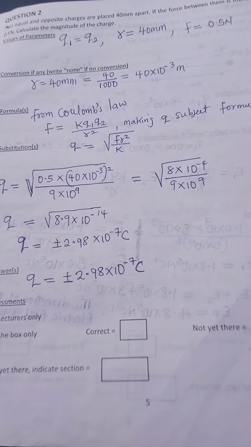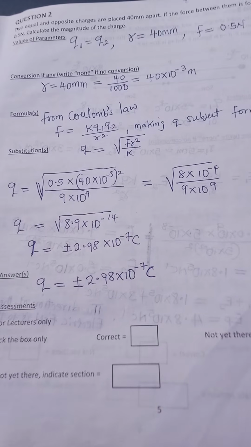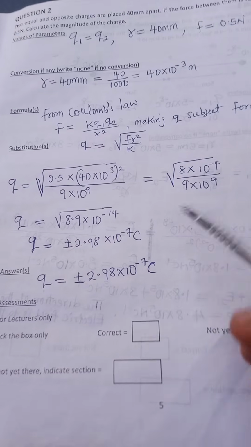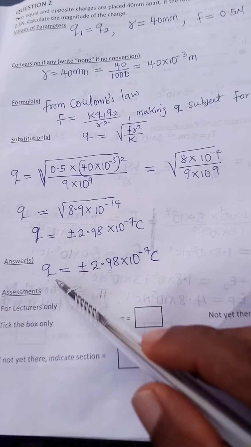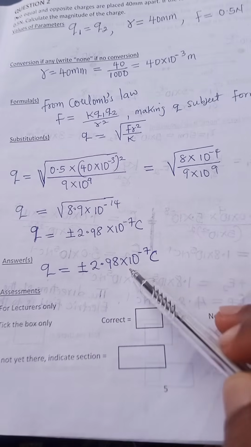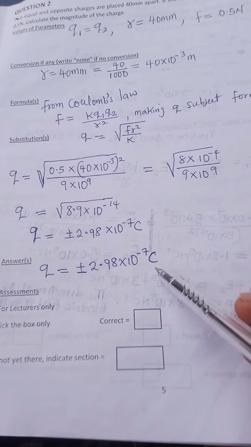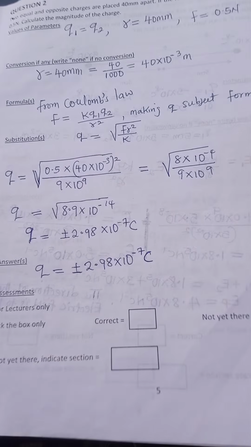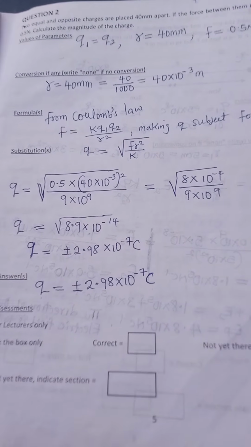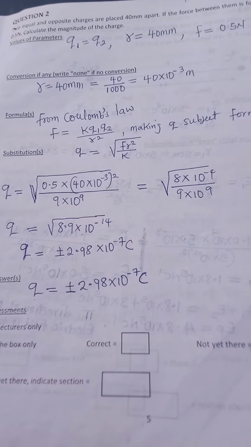I want you to go through it and see how I solve this. After solving this, please put this as Q is equal to plus or minus 2.98 times 10 to the power minus 7 coulombs. This is the answer. Take your time and copy this.